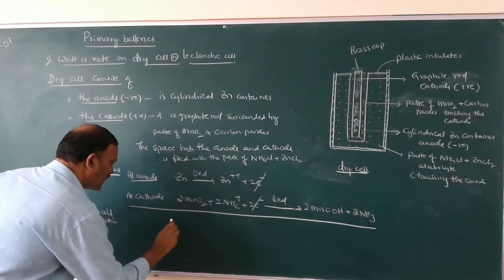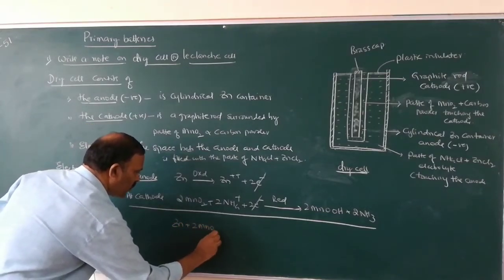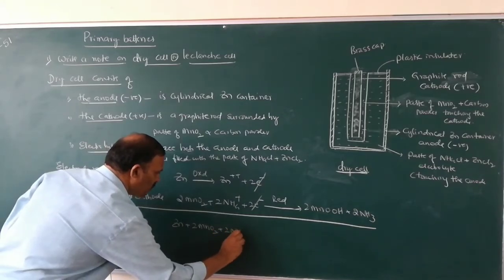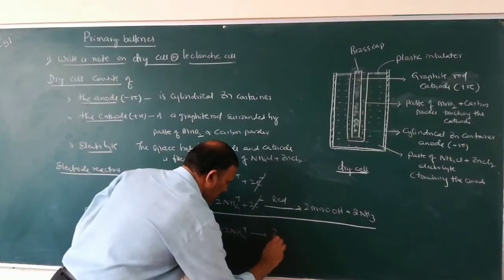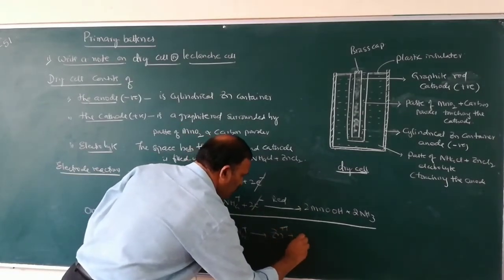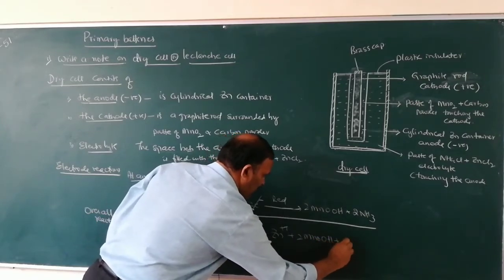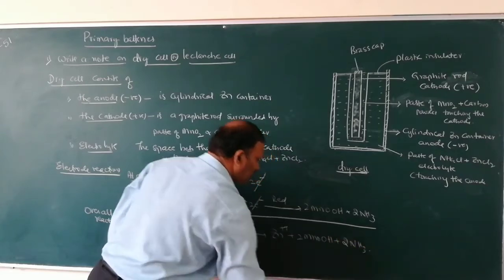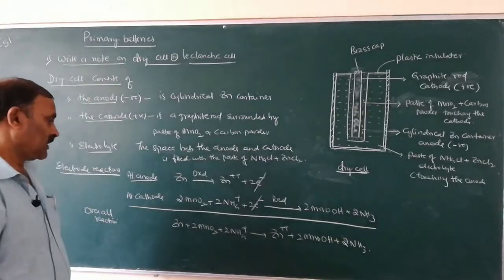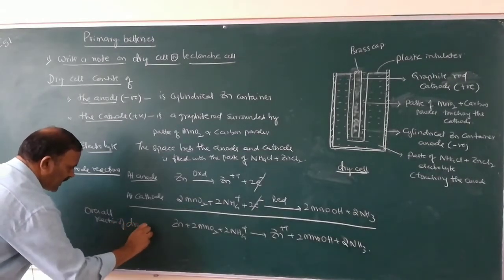Overall reaction is Zn plus 2 MnO2 plus 2 NH4+ gives Zn2+ plus 2 MnOOH plus 2 NH3. So this is the overall reaction of dry cell.